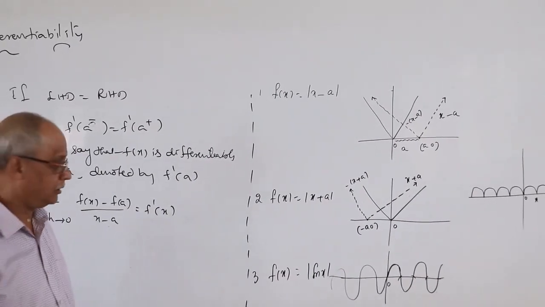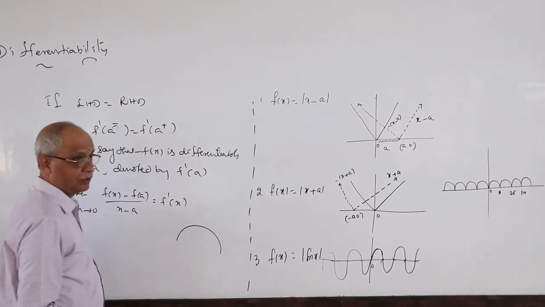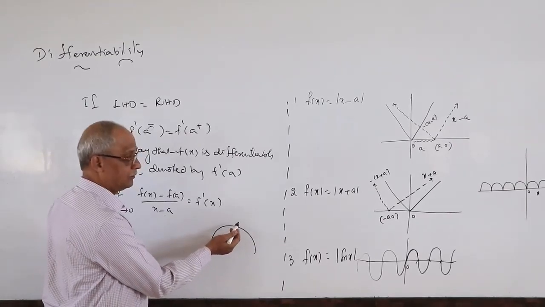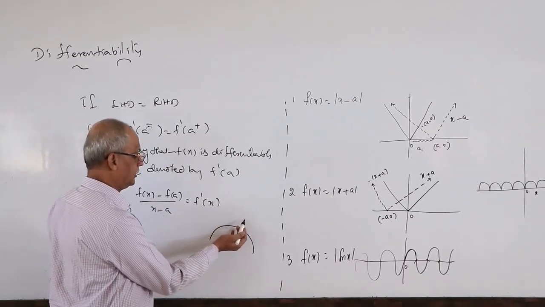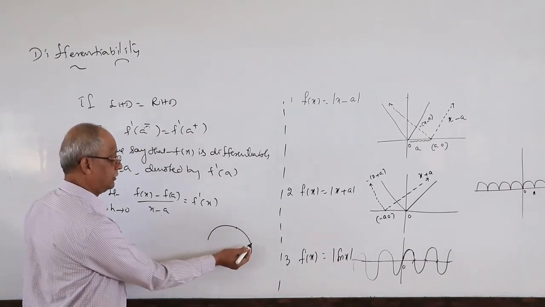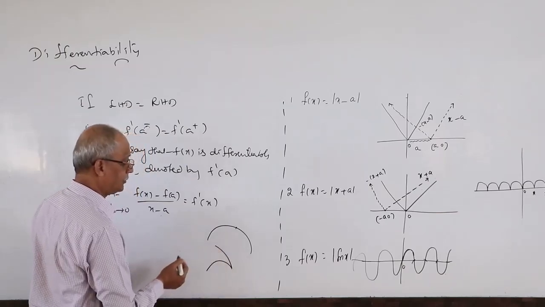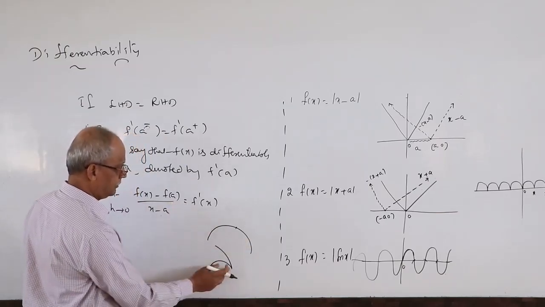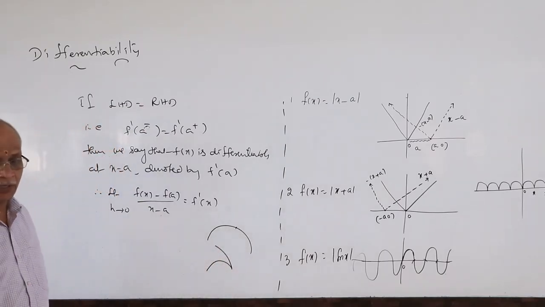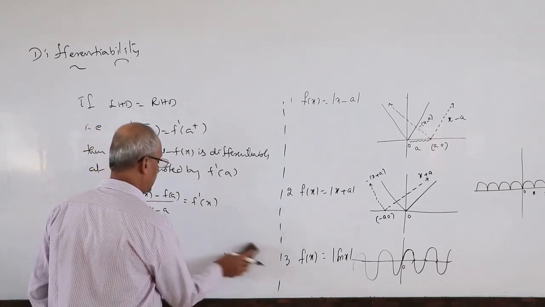See, this is a smooth curve, smooth edges. If this is smooth, you cut here with the blade, you cut up to here and put it here. Now you see, I kept it opposite, that is called a sharp edge. This is called a smooth edge. Therefore, it is not differentiable.